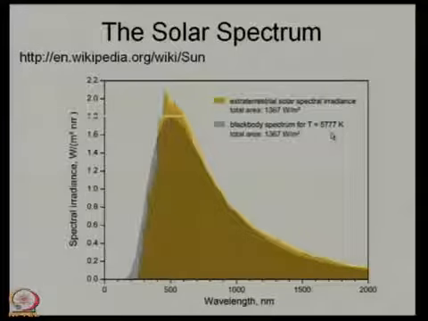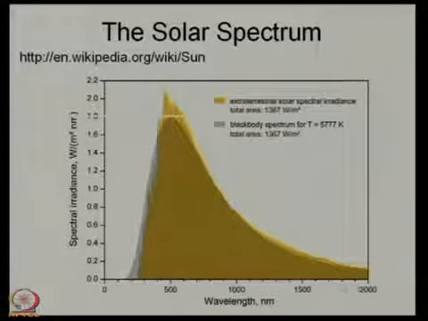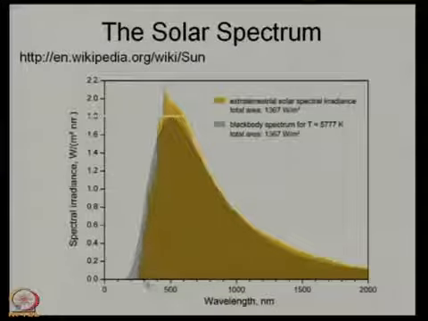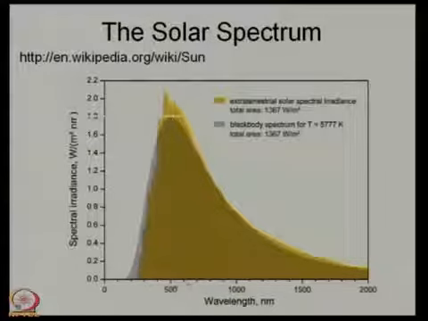The part of the electromagnetic spectrum shown here essentially corresponds to the optical. Somewhere here is the visible range, and here you have the ultraviolet part, and it extends into the infrared.